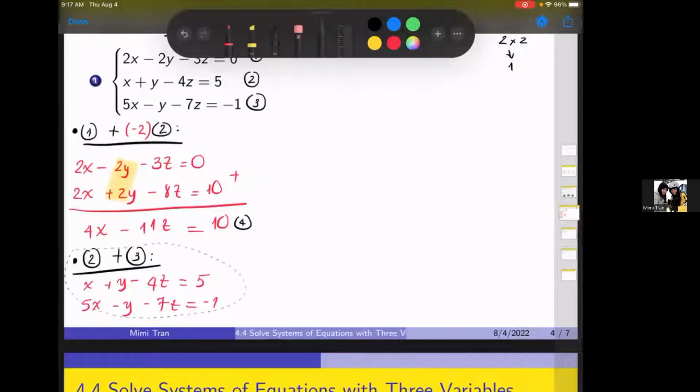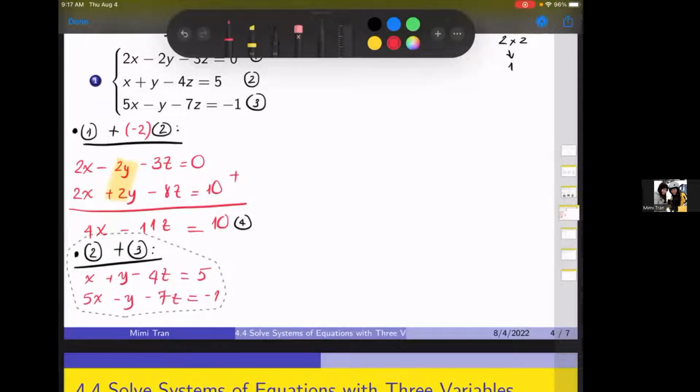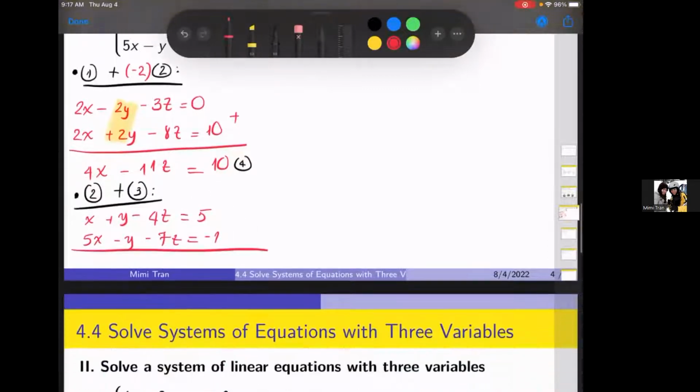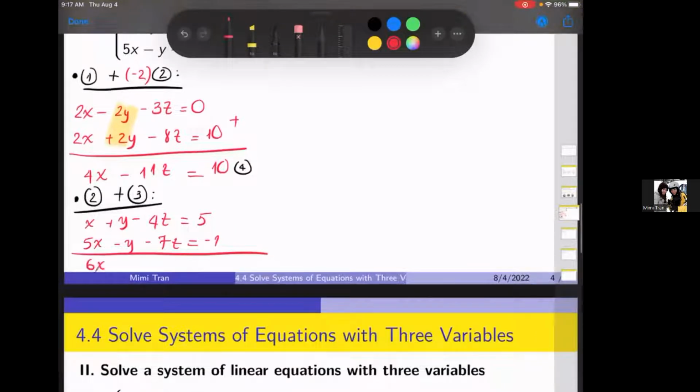Let me move it up a little bit. And then you add, what do you have? 6x, y is gone, minus 11z equal 4. I'm going to call this equation 5.